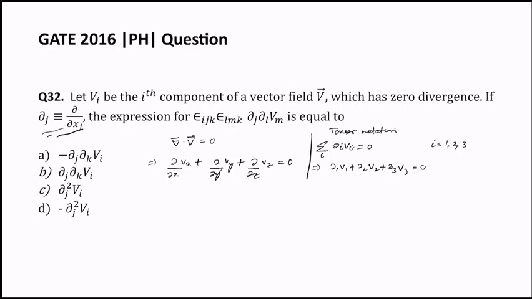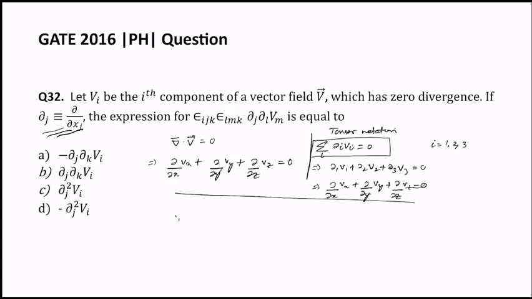Now, using this expression, we can write this as del upon del x1, which is say the x component, plus del upon del x2, which is del by del y, Vy, and del 3 is nothing but del upon del x3, which is the z component. So this is how you write the divergence in tensor notation. Given in the question that the divergence is 0, we have to find this.